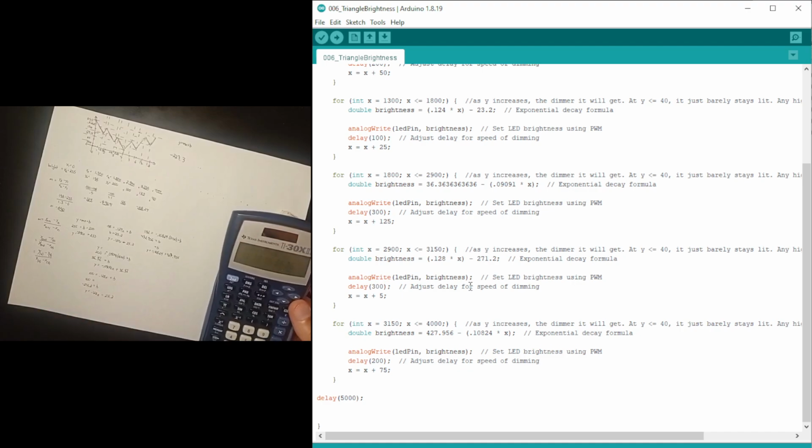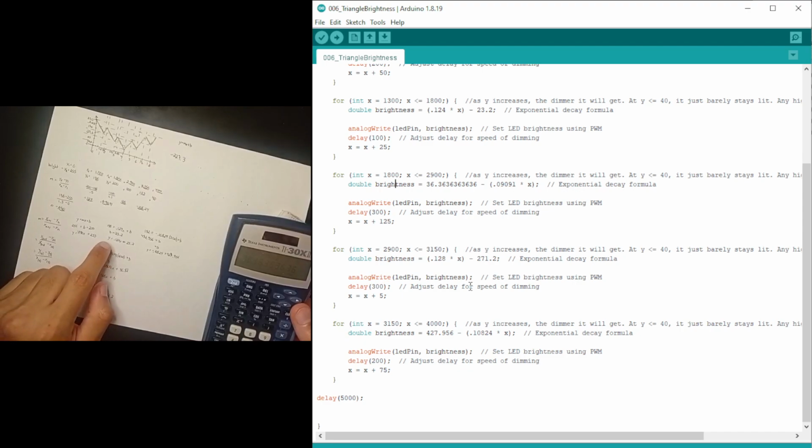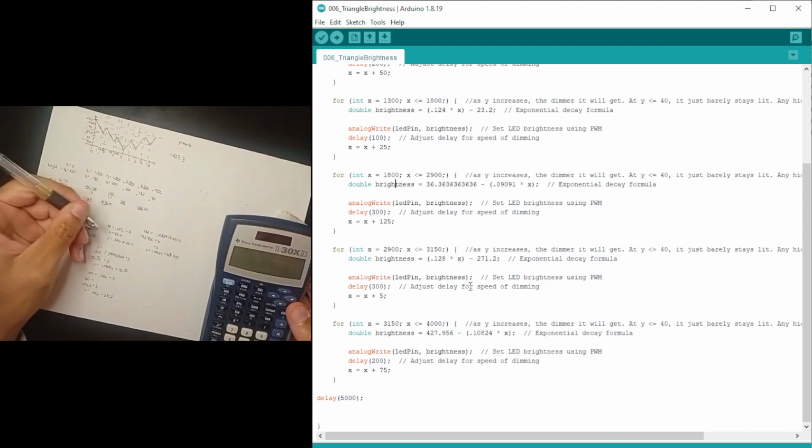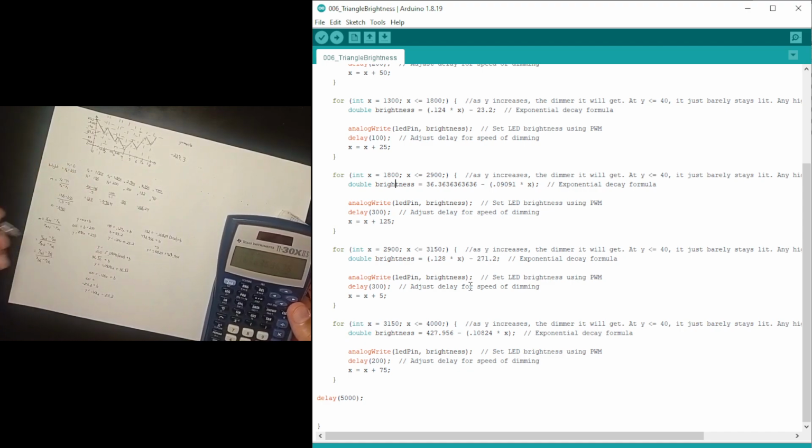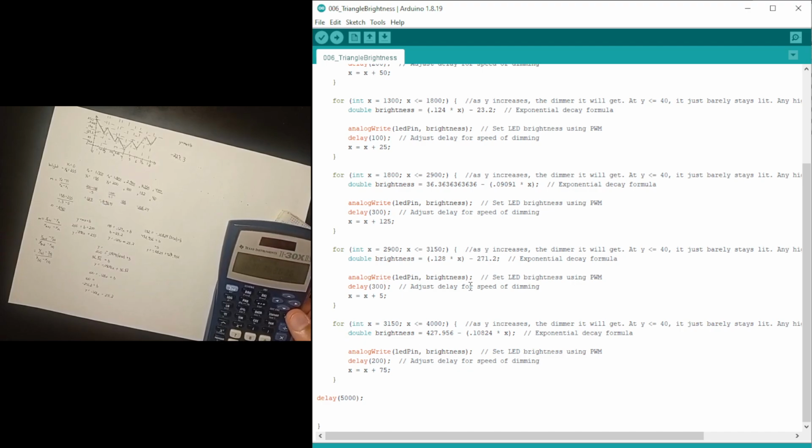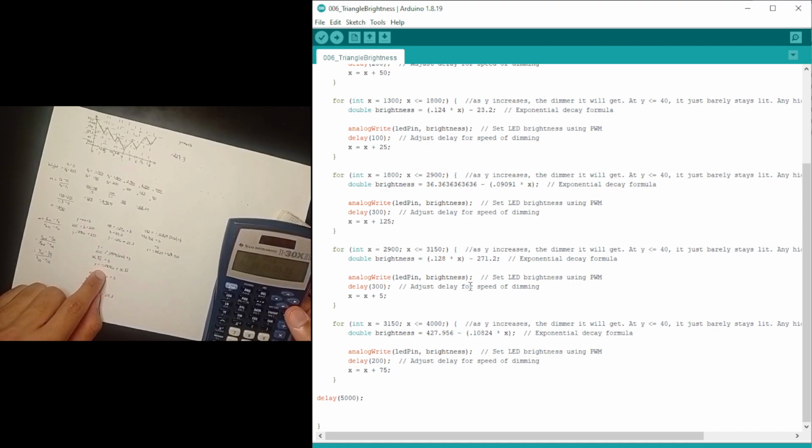It equals 36.36. Is a negative value. Y equals 36.36 repeating minus 0.09. I do have 0.09 in there.